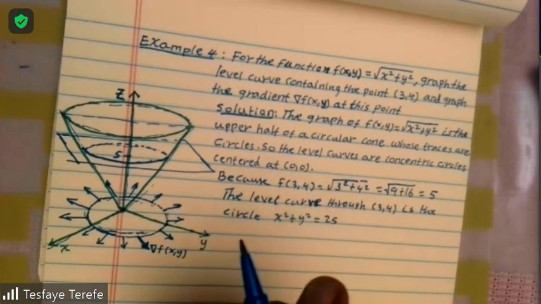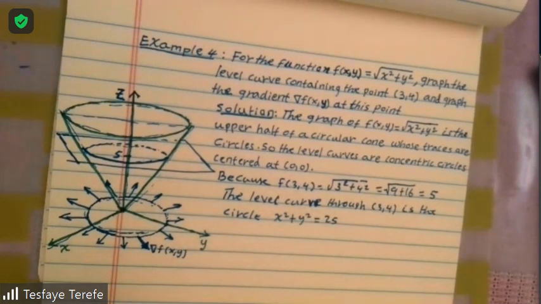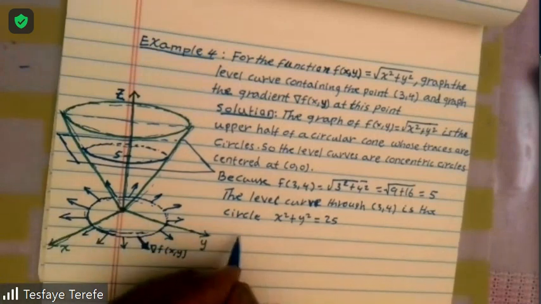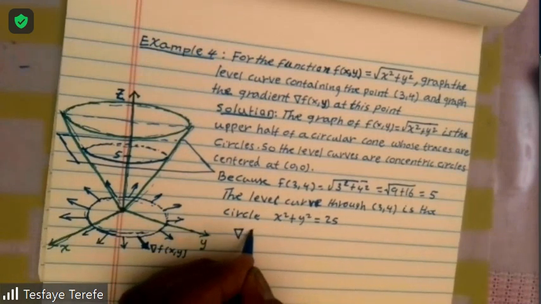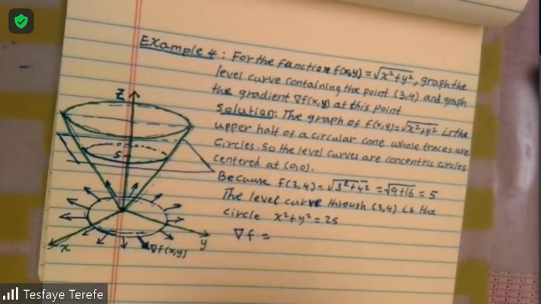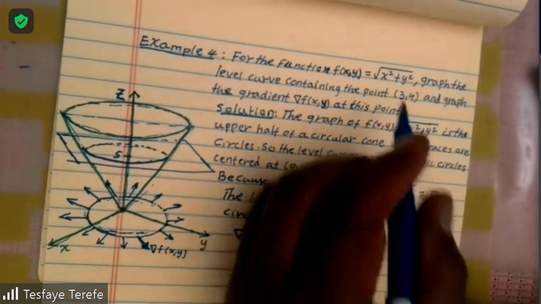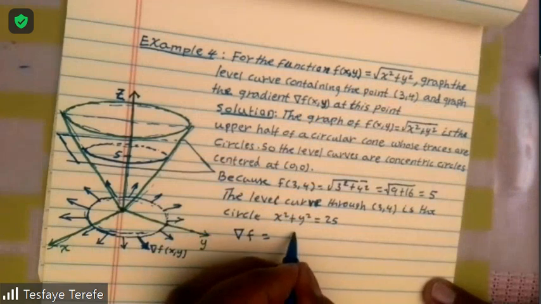That is what happened. So I want to find that gradient that I told you, the gradient of f. What is that? Well, because this is a radical function, as you know, I don't have to explain a whole lot.